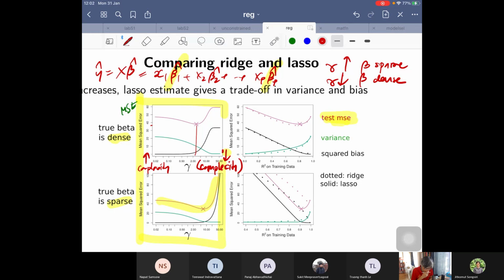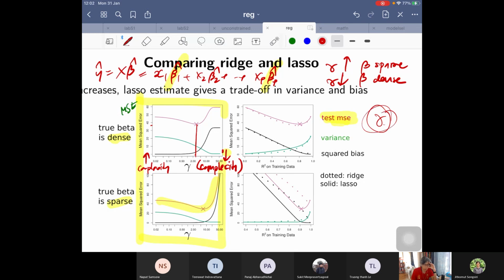When the true beta is dense, the problem with the lasso is that, of course, when gamma is handed to you, you can find a solution. But in a real application, what value of gamma should I use for this data set?